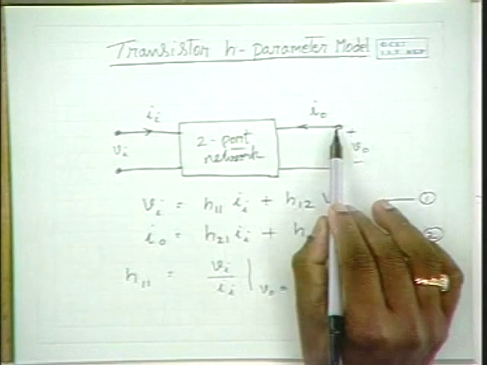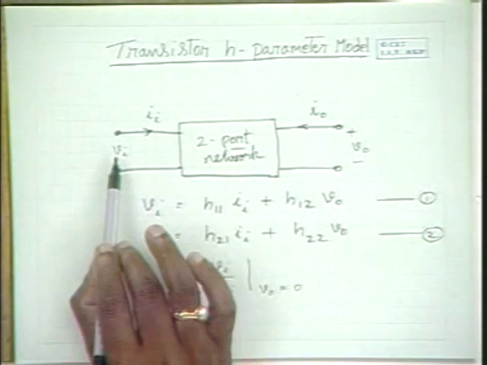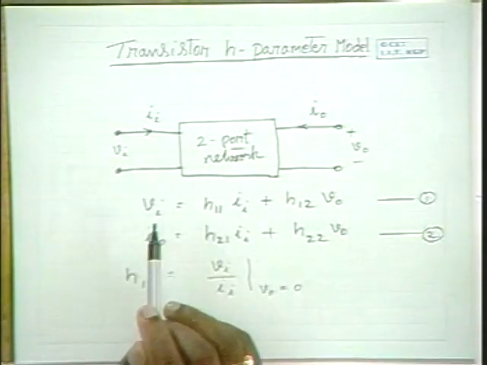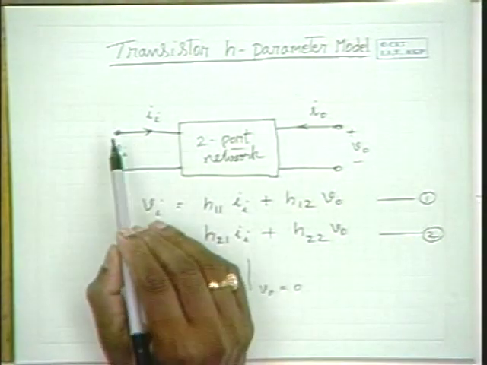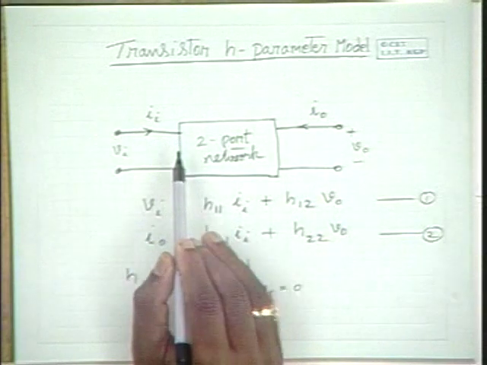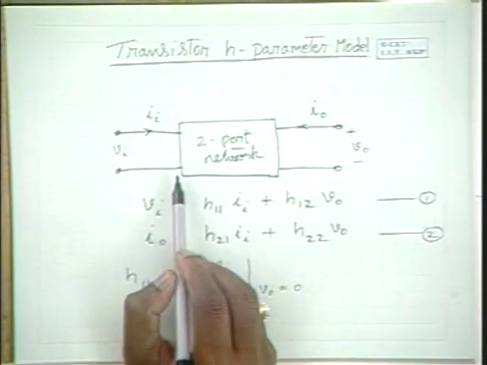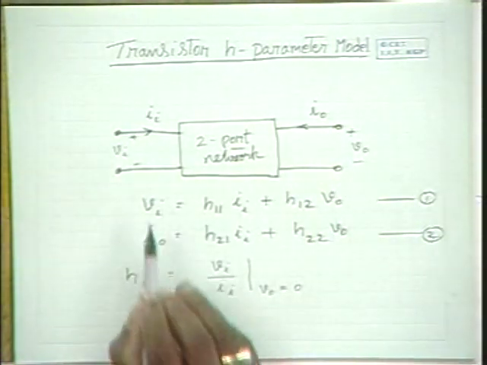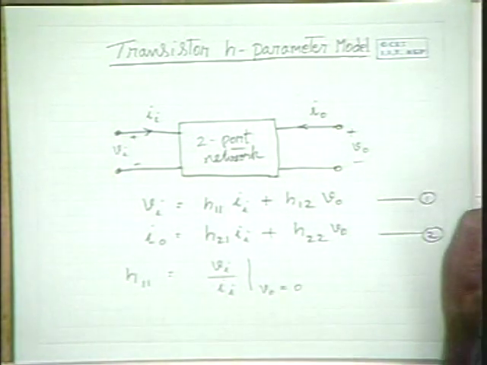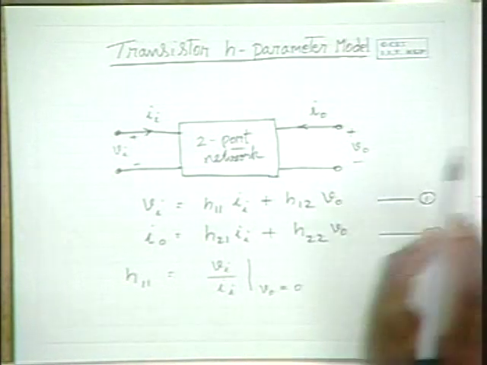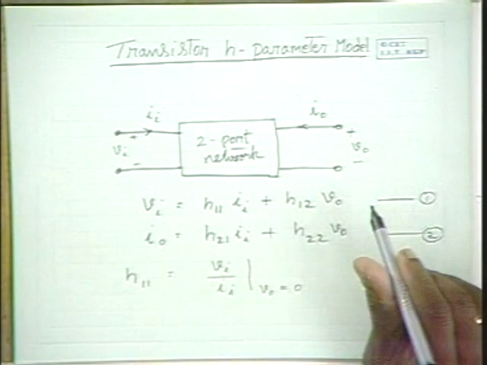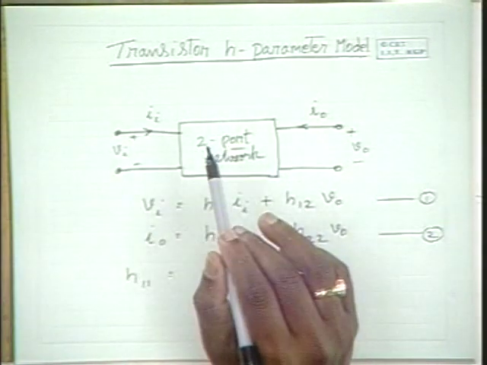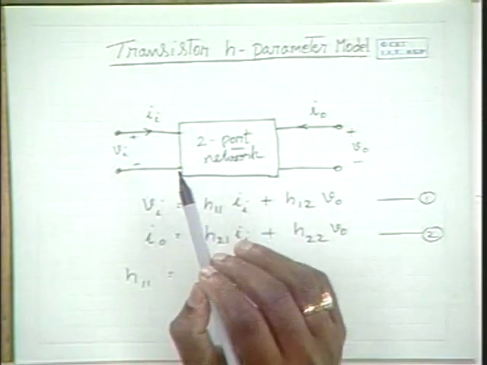And when this is short circuited, you excite it by some voltage Vi and you will get some Ii, or you excite it by some Ii and that produces some voltage Vi. So the ratio between these two is the parameter H11. The proportionality constant can be determined in this fashion. And we are talking about the alternating signal voltages and currents.